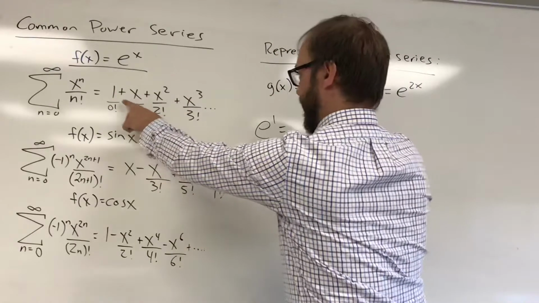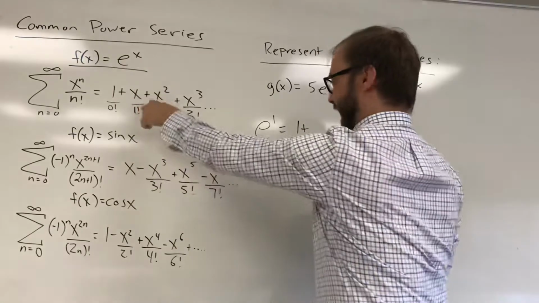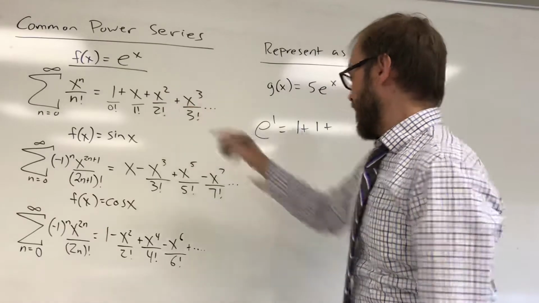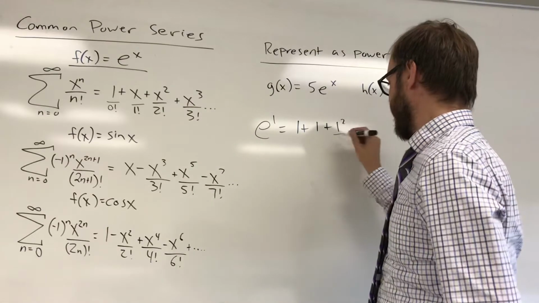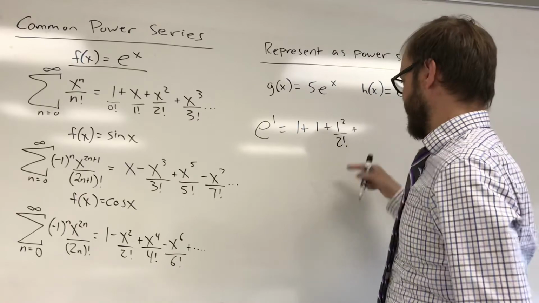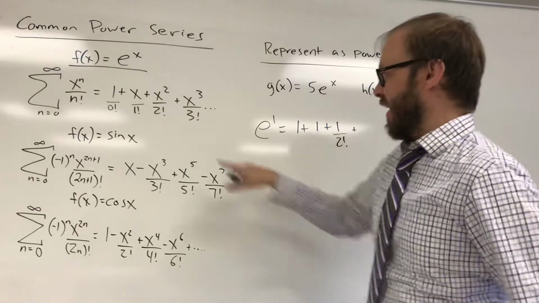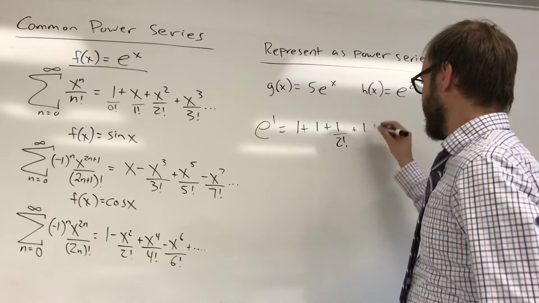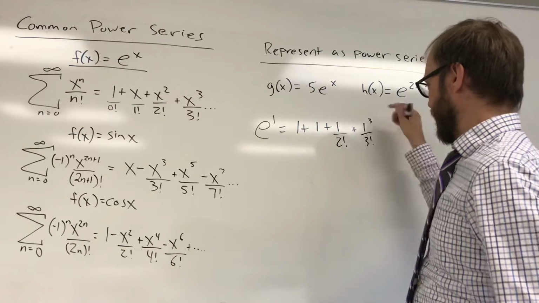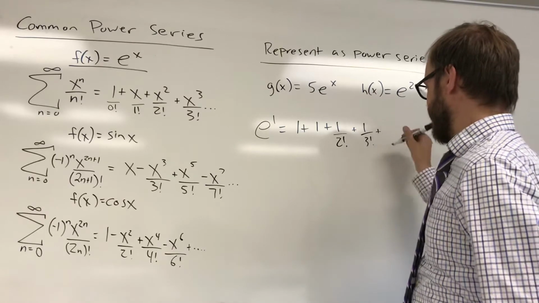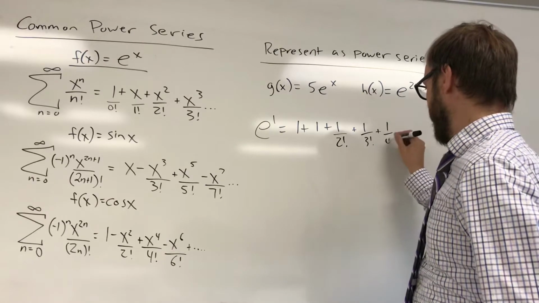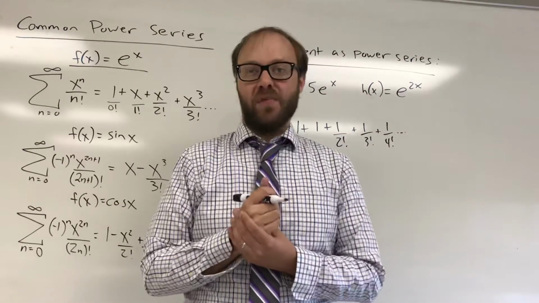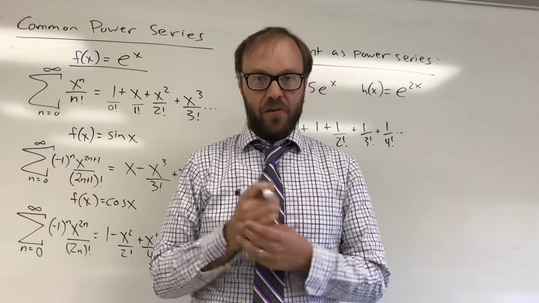So that would be 1 plus x, but we're filling in 1 for x, plus x squared over 2 factorial. So you can do 1 squared over 2 factorial, plus, which of course is really just 1 over 2 factorial, plus 1 cubed over 3 factorial, 1 over 3 factorial, plus 1 to the 4th over 4 factorial, and so on. And the more of those terms you write out, the closer that result is going to get to the value of e to the 1st.